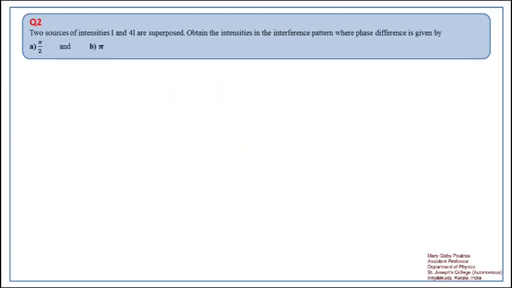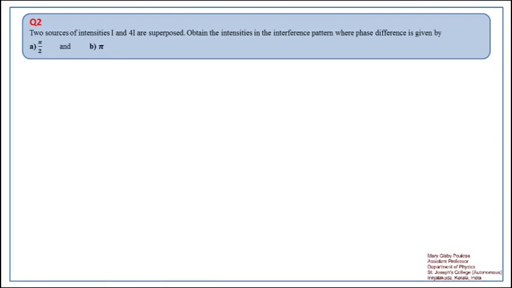Okay. In the next problem we have two sources of intensities I and 4I superposed. Obtain the intensities in the interference pattern where the phase difference is given by A, pi by 2 and B, pi. Okay, so we have two waves. We need to find the intensity of the resultant wave when the phase difference has two conditions.